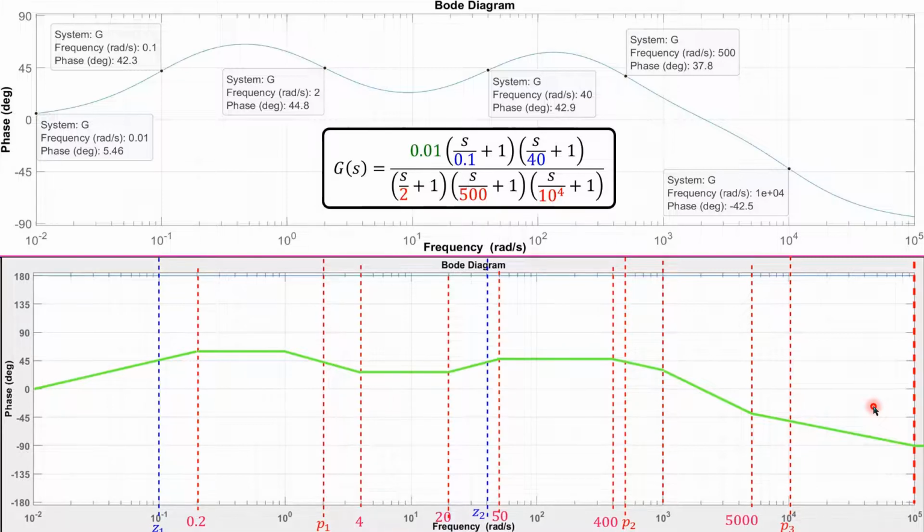This is just the first example of going from the transfer function to the Bode plot by only considering real poles and real zeros, and I have purposely chosen the zeros and the poles far apart such that they don't interact too much with each other, and then the slopes for the poles and the zeros, and also for the phases, are much easier to draw.